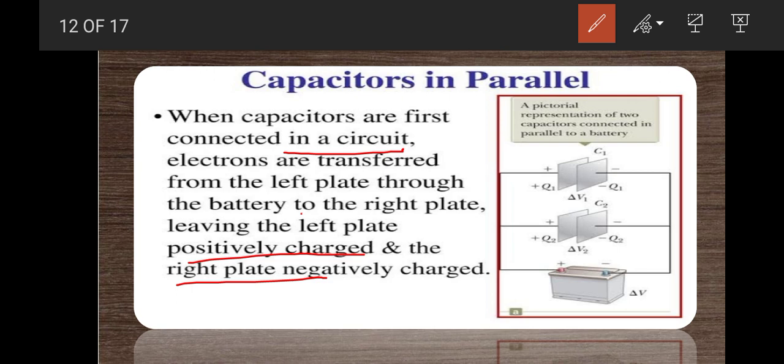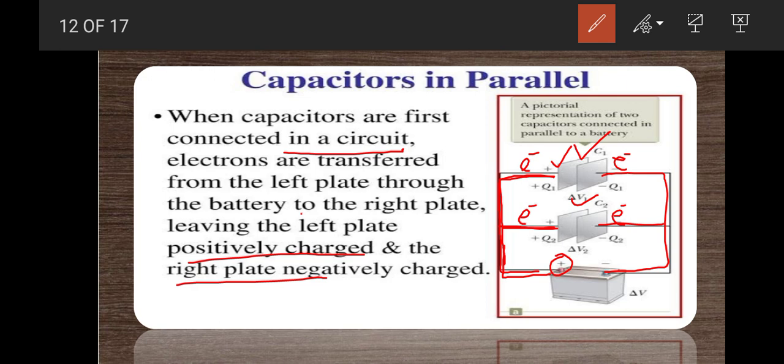The electrons from the plate which is joined with the positive terminal get attracted towards the positive terminal. So what will happen? Both of these plates of the two capacitors are joined with the positive terminal of the battery. So electrons from both of these plates will move toward the positive terminal and get accumulated on the second plates of each capacitor, and according to the capacity of the first and second capacitor, the charge will be stored there.